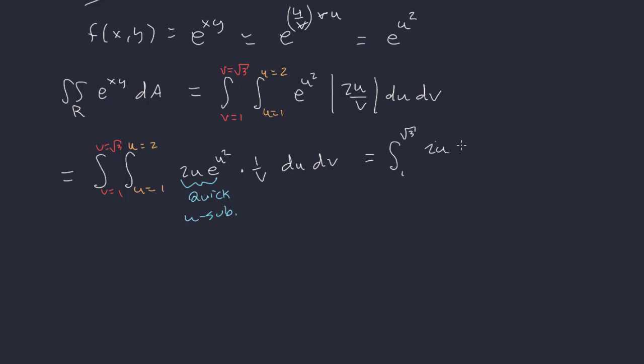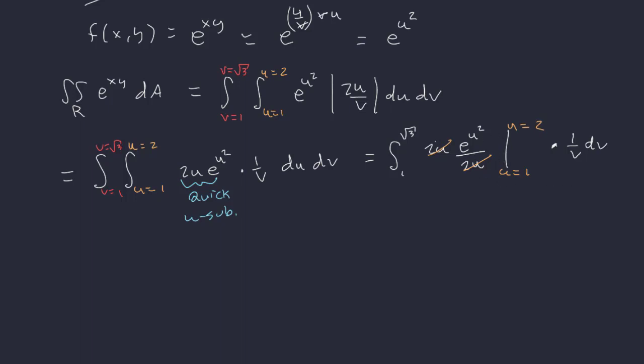It'll be e to the u squared. The integral of e to the stuff is itself, then divided by the derivative of the stuff with respect to u, so that will be 2u, which those guys cancel. And then we will evaluate this from u equals 1 to u equals 2. And notice out here I've put the 1 over v dv, because it doesn't actually affect us that much here.